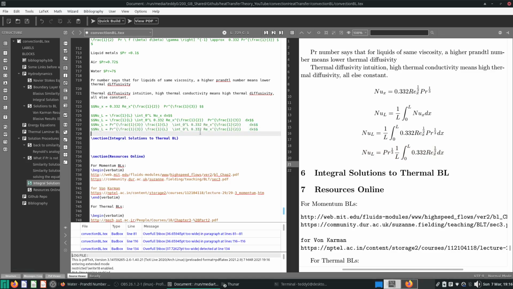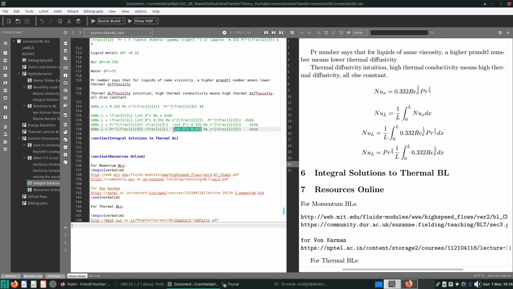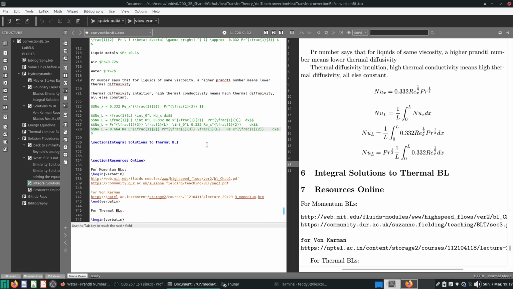It's the same as before, just like the Reynolds analogy. I'm not going to prove it fully here, so I just put 0.664 in front, Re_L to the power of half. And that's basically it.